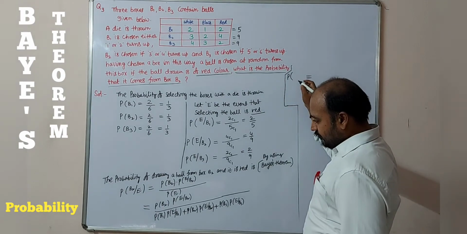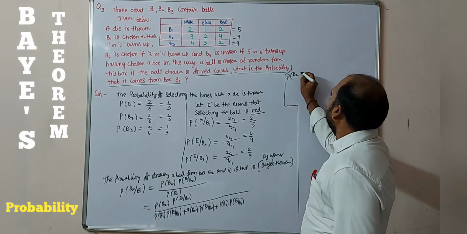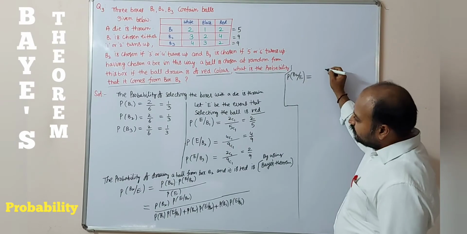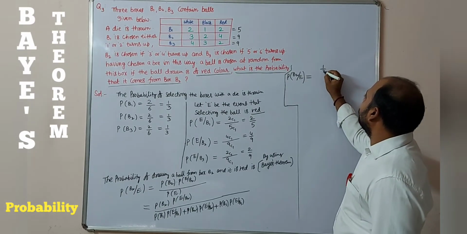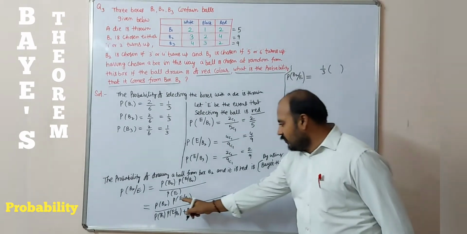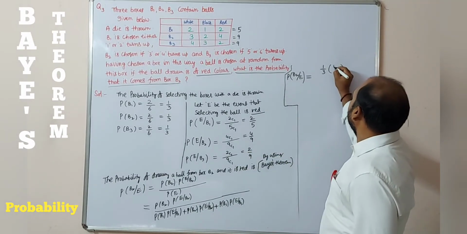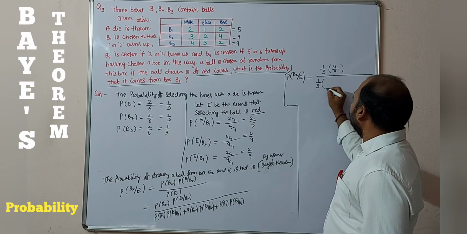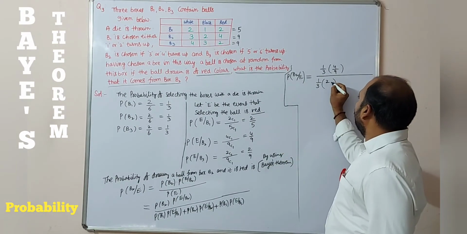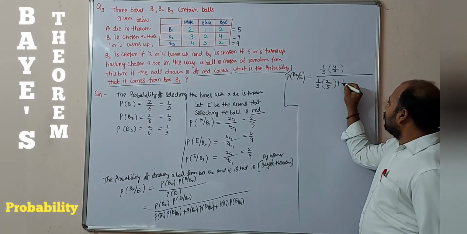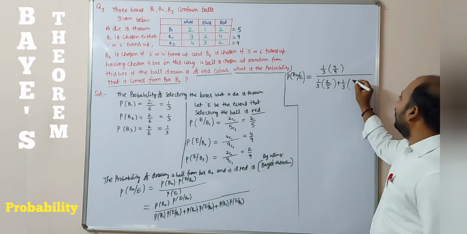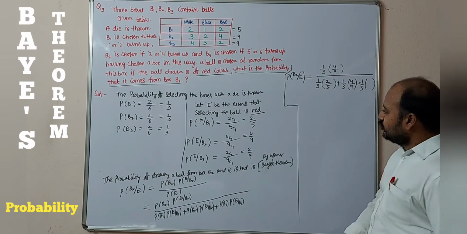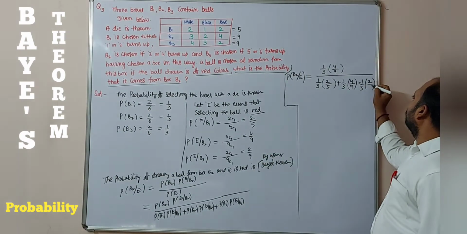P of B2 given E equals 1 by 3 into 4 by 9, whole divided by 1 by 3 into 2 by 5 plus 1 by 3 into 4 by 9 plus 1 by 3 into 2 by 9.